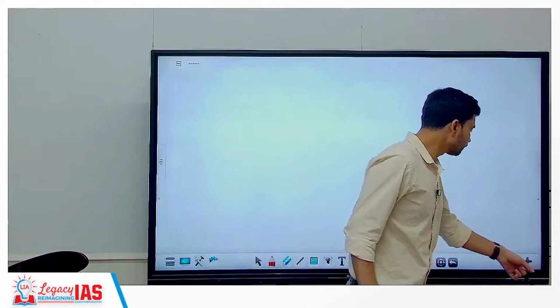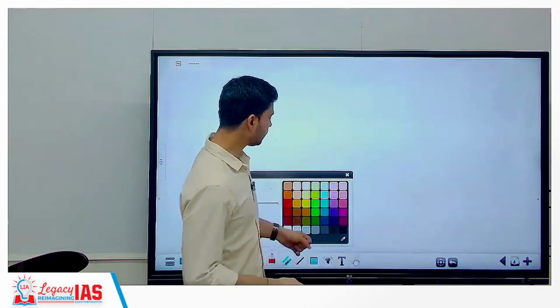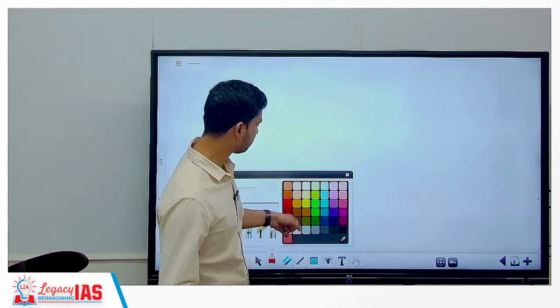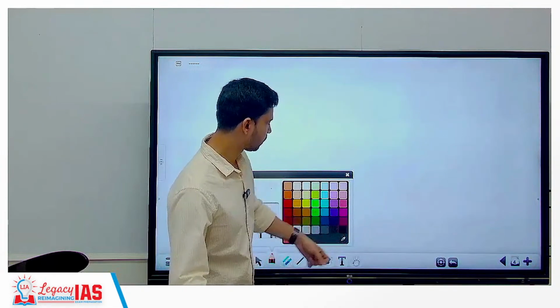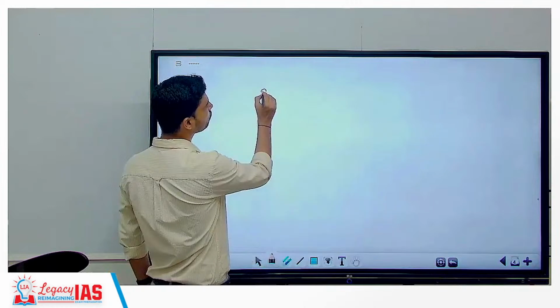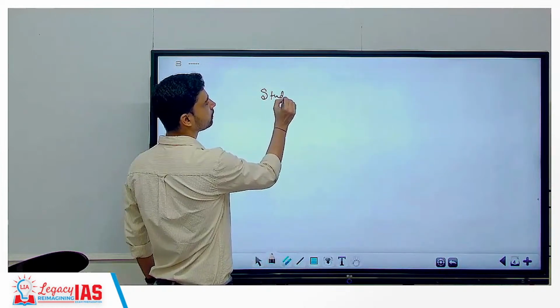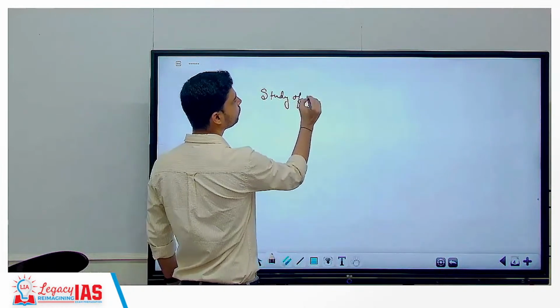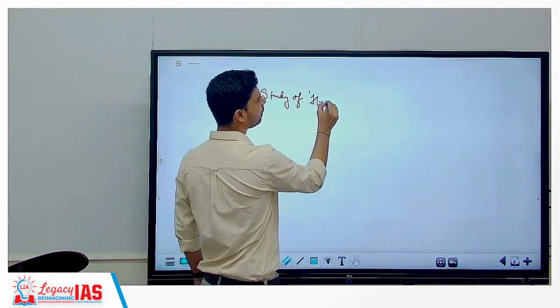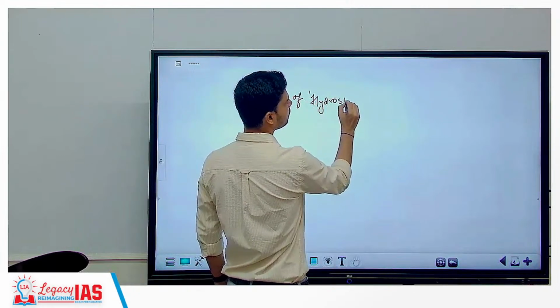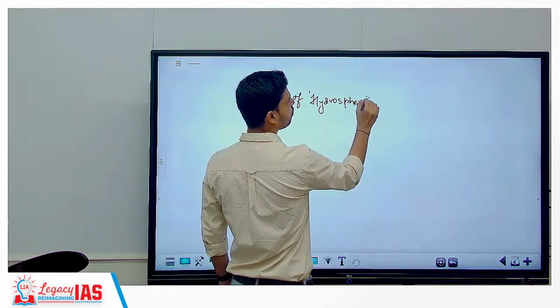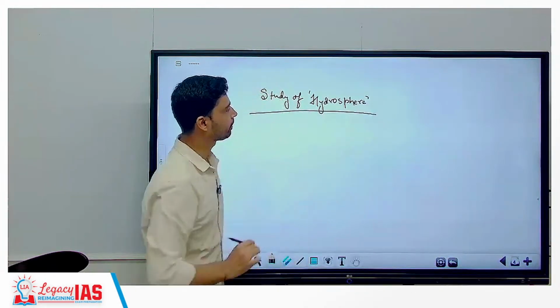Third, what do we have? What is the other region of the earth apart from gas and solid? Water. So what is the region of water called? Hydrosphere. The study of the hydrosphere.